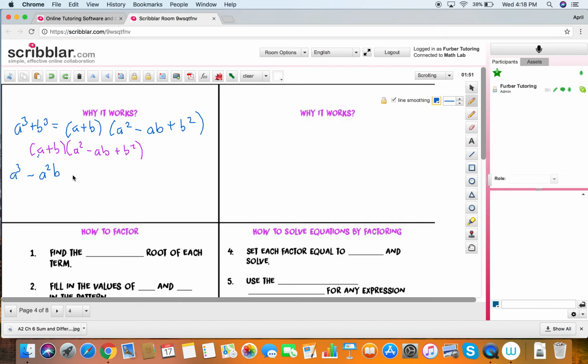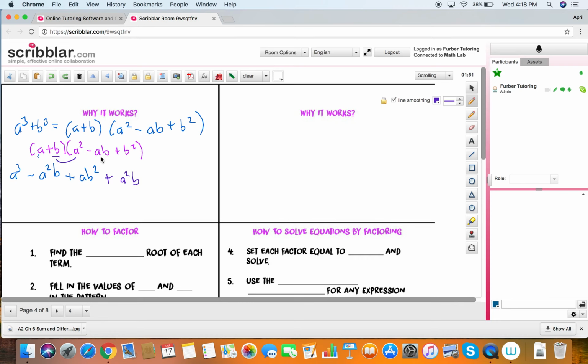A times b squared would be positive ab squared. Okay, now let's do it again, but this time let's do the b. B times a squared. Well, I could write it like this, but that's also the same thing as this. They're just in a different order, okay? So if I wanted to, I could just write that out as a squared b, because that's really the same thing.